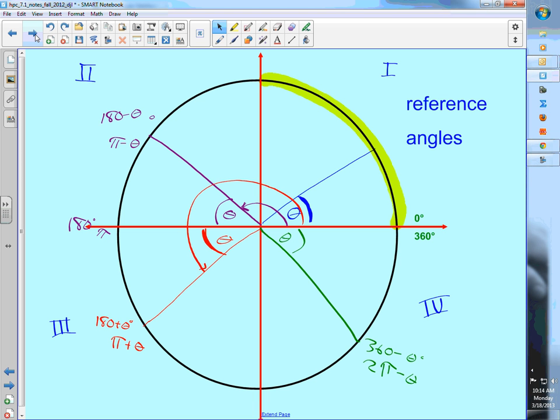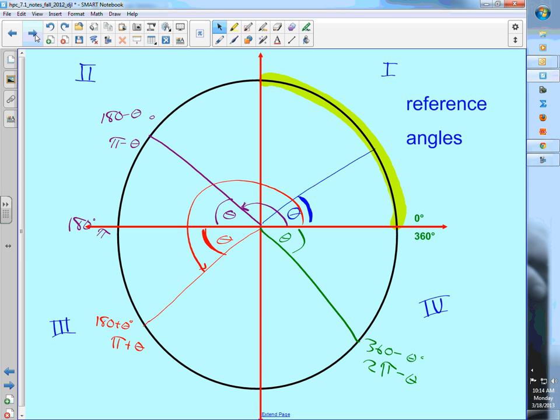When you're an angle in quadrant 1, we're going to refer to them as reference angles. You'll hear me call them reference alphas or reference thetas. But in quadrant 1, you're talking about a reference angle. There are 3 other angles in the first revolution that are related to that reference angle, and they are in each of the other quadrants.